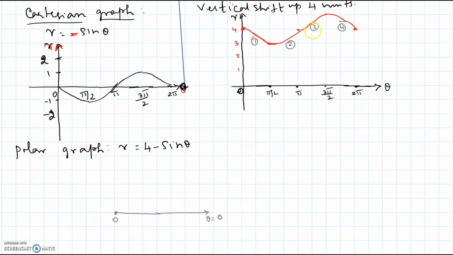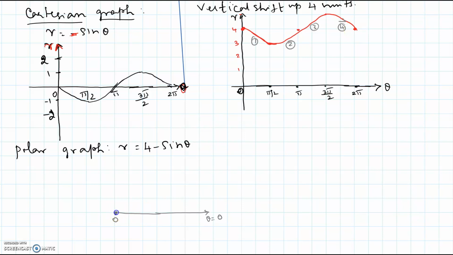If we consider this as 4 parts: between 0 and pi by 2, the graph decreases from 4 to 3. Between pi by 2 and pi, it increases from 3 to 4. Between pi and 3 pi by 2, the third piece, it increases from 4 to 5. And between 3 pi by 2 and 2 pi, the graph decreases from 5 to 4. That's exactly what we are going to do in the polar graph.